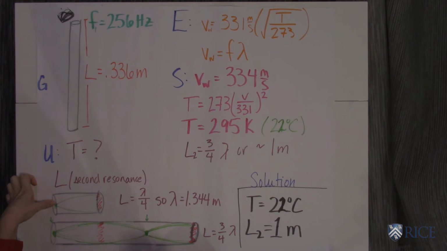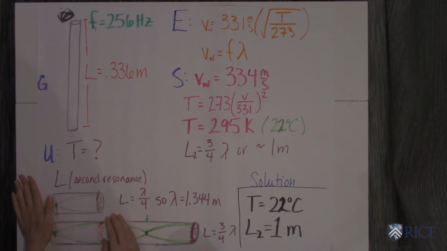A node is where you're at equilibrium. So this is still because there's no place for the air to move. You have a resonance when you've got the maximum motion at the very end of the column, and the maximum motion happens where there's an antinode.